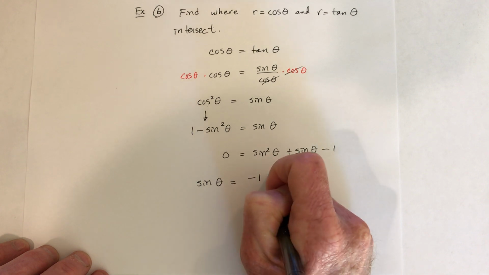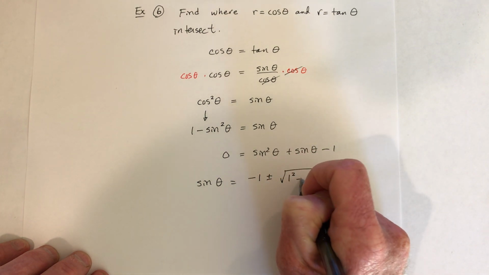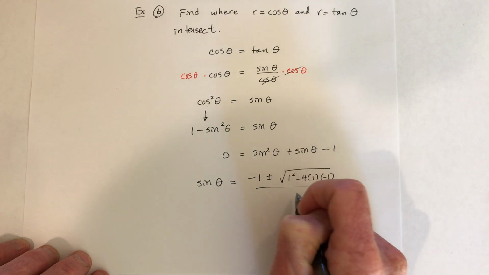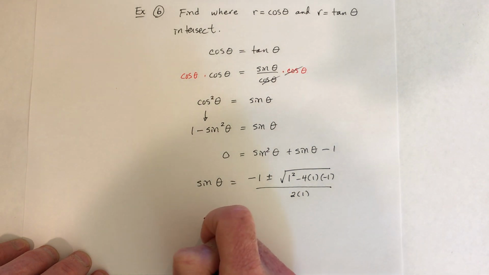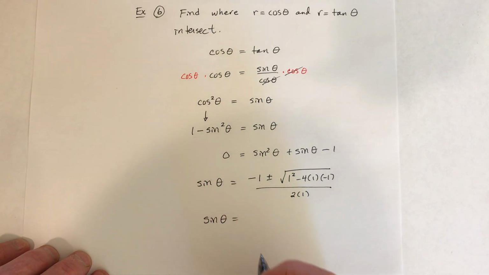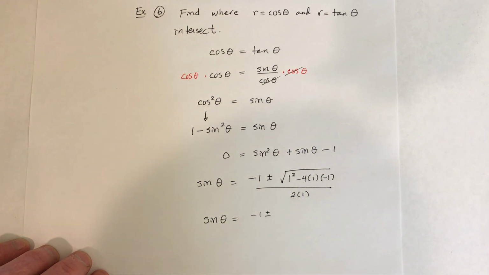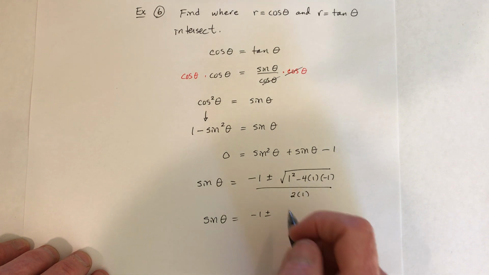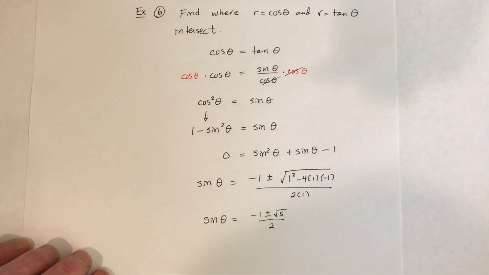So negative b plus or minus the square root of b squared minus 4 times a times c, all divided by 2 times a. So this will be -1 plus or minus, this is going to be a positive 4 with one more, which means the square root of 5, and that's over 2.